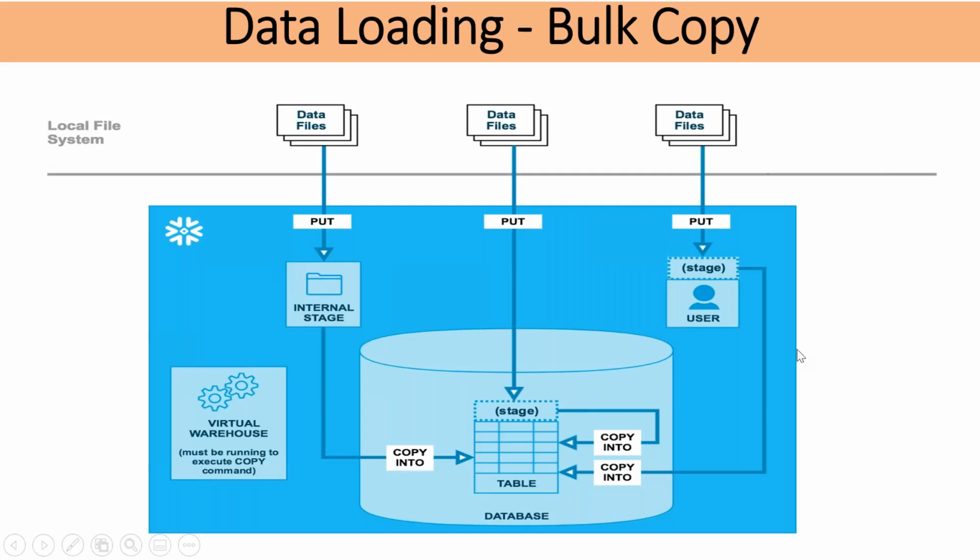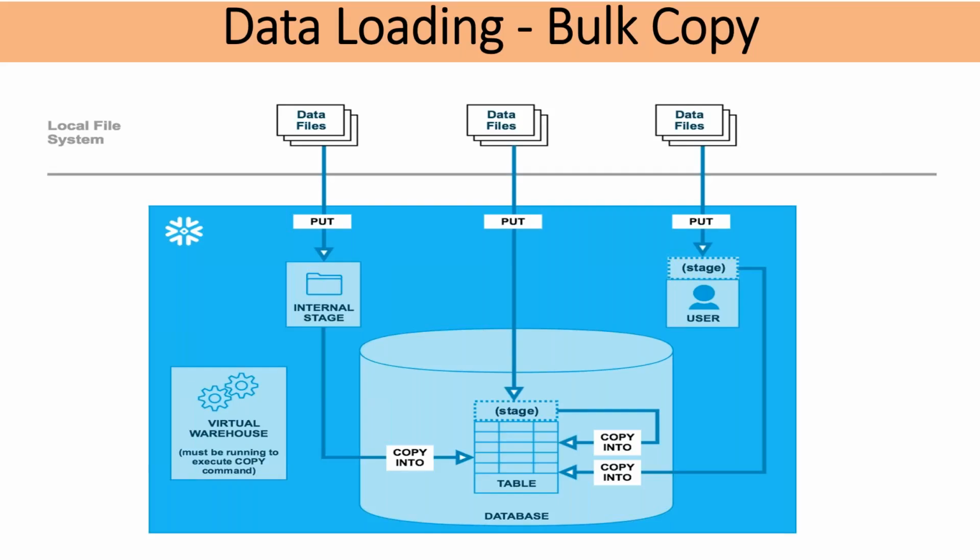If you look at this diagram, you have the table here, and these are the data files on the on-premise local file system. You can put your files into stages, and there are three stages available in Snowflake. One is the stage that you create, like create table, table name, create stage, stage name.